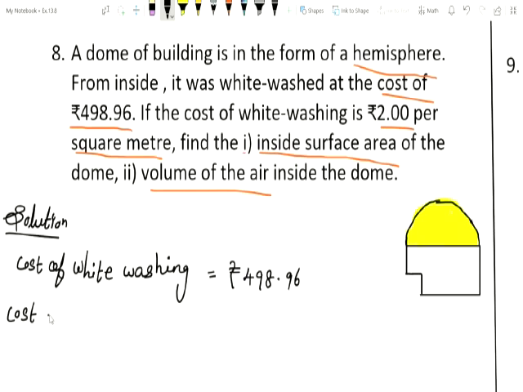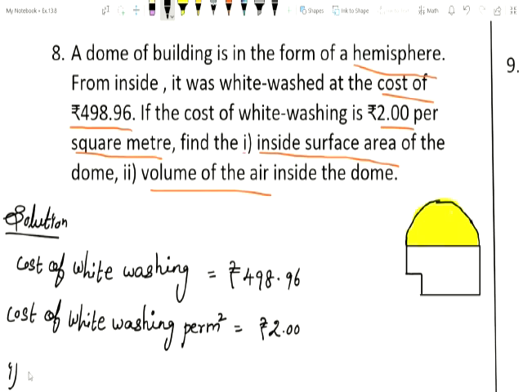Cost of whitewashing per meter square equal to rupees 2. So we are going to find inside surface area of the dome.